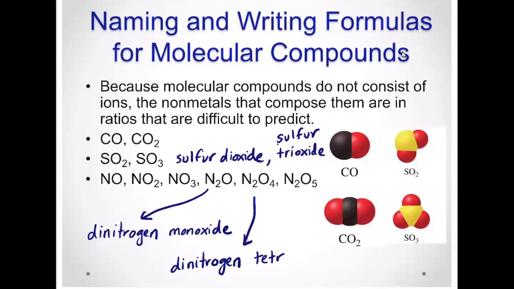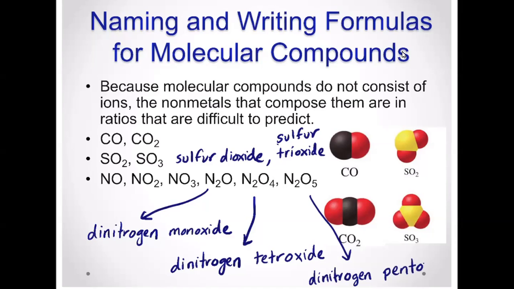So we'll write tetroxide because you don't want the A and then the O. Same with this next one over here. This one is dinitrogen, and again, it's penta, but we'll just drop that A and do pentoxide.